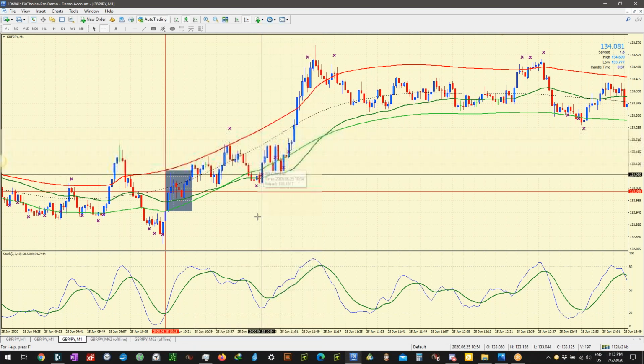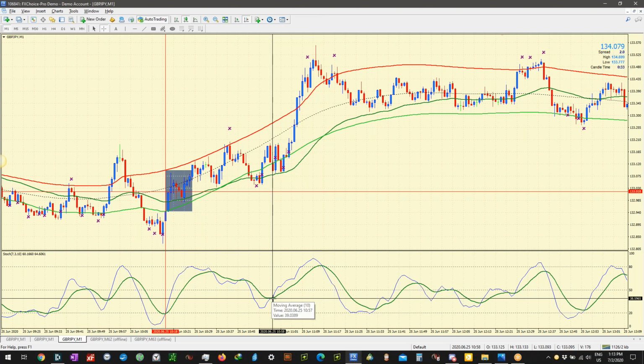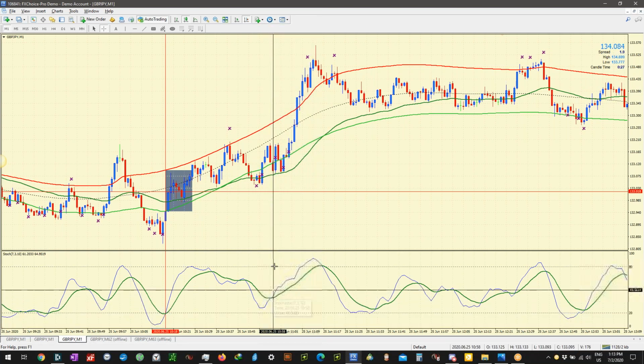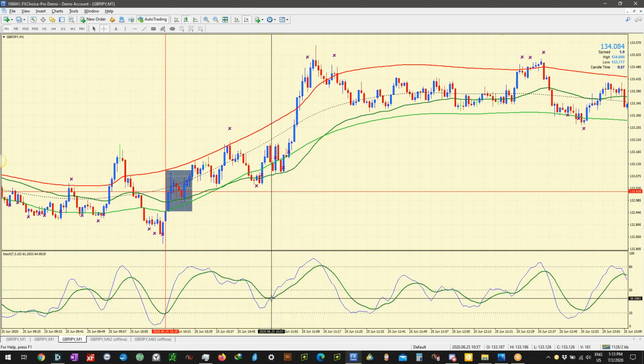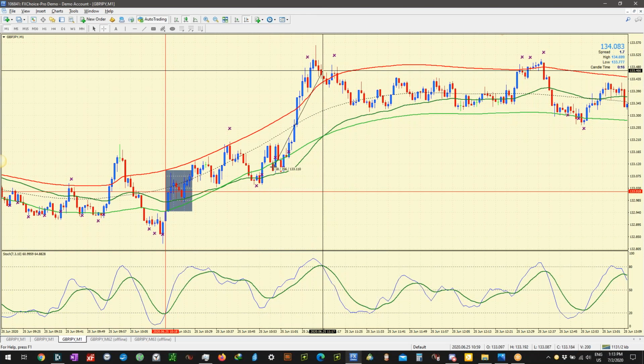You could have entered, but no, you have to wait for that cross to increase your chances of success. This is at 36 out of 100, so you still have possibility of this moving to the upside, and it does. And if you were to exit where that crosses, you would have exited up here for approximately 33 pips.